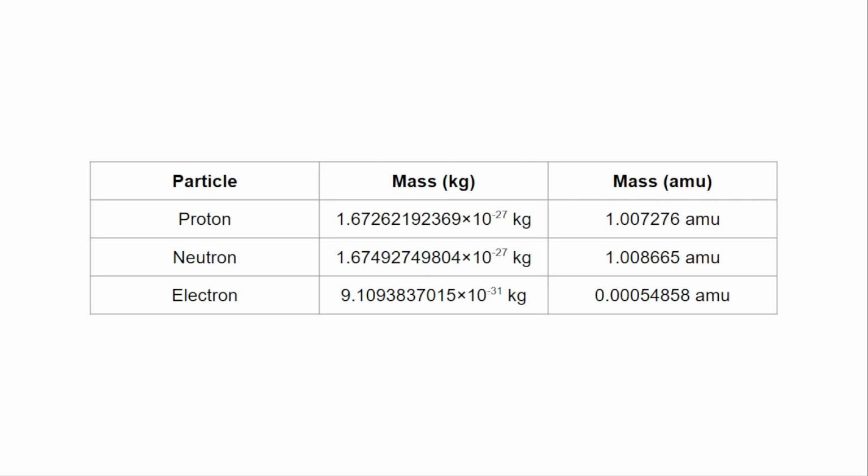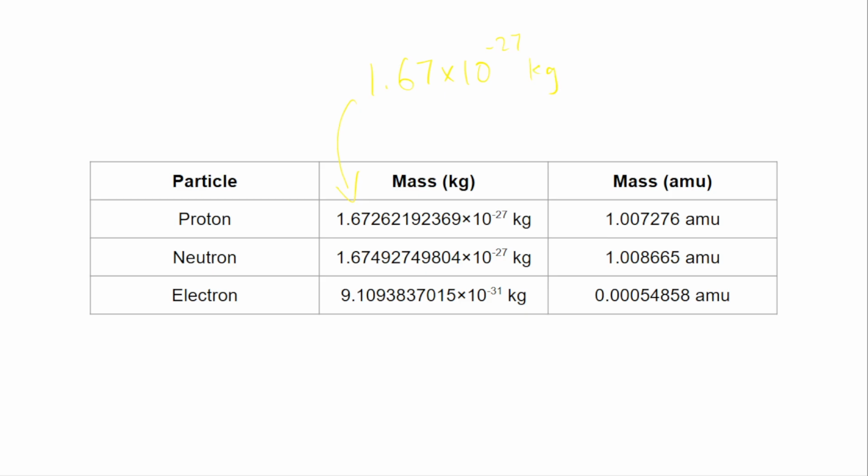Okay. However, remember, the oil drop experiment allowed us to calculate the mass of electrons, and we found that electrons are super light compared to protons and neutrons. So right here, protons is about 1.67 times 10 to the negative 27th kilogram.